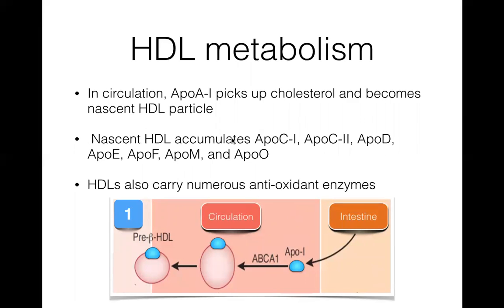Now in circulation, it will also accumulate several apolipoproteins, which includes ApoC1, ApoC2, ApoD, E, F, M, and O, virtually the entire alphabet, as well as it will carry more than 100 antioxidant enzymes.